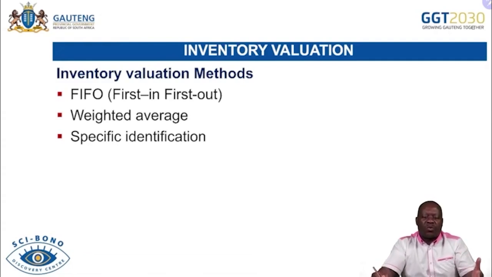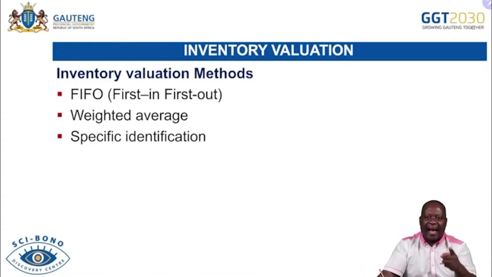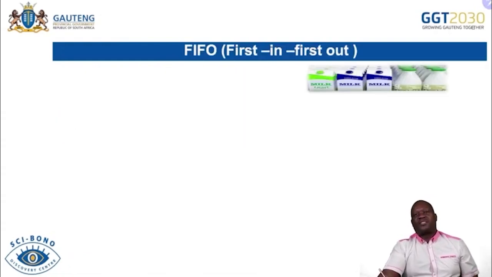But now for this to work, we must be able to specifically identify the product. Does the product have a specific identifying feature? Are the products unique? Then we can use the specific identification method. Now, let's look into it.